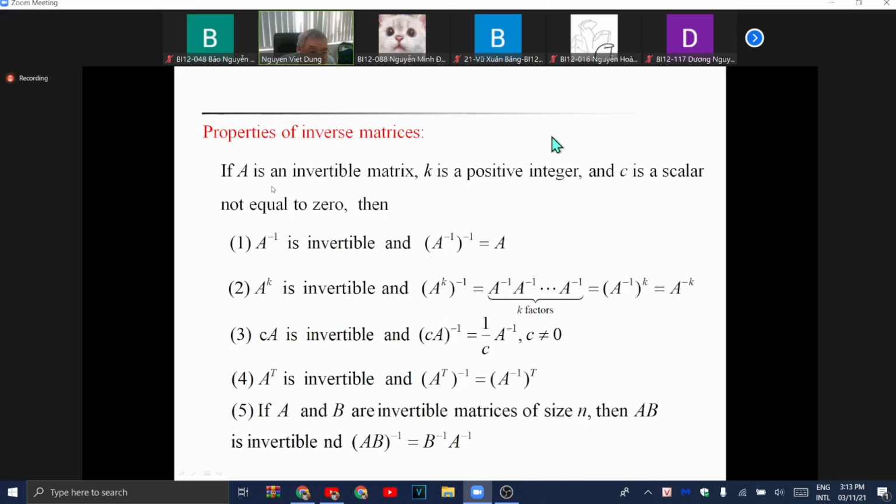And if A is invertible and k is any positive integer, then A to the power k is also invertible. And the inverse of A to the power k is exactly the product of A inverse, k times, like that. Because of that, we usually denote it by A to the power minus k.